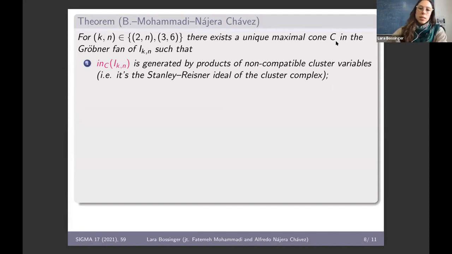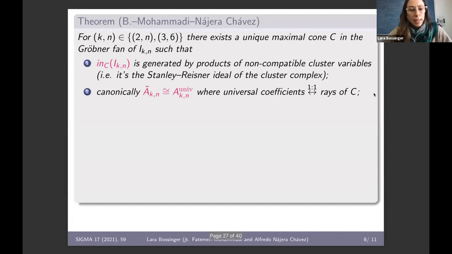So this is exactly the cluster adjacency condition that appeared in the talks on Monday. In other words, this monomial ideal is the Stanley-Reisner ideal of the cluster complex. So it's generated in degree 2 by these monomials, which are exactly the minimal non-faces of the cluster complex.